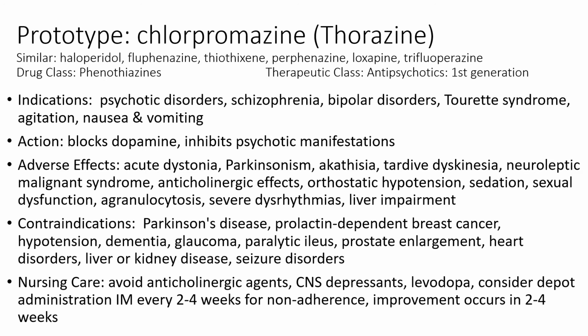Akathisia. That's the feeling that you want to jump out of your skin. You can't keep still. You're lying there feeling that your body's moving inside when it's not. And again, that's easily treatable with an anticholinergic, such as diphenhydramine or benztropine.